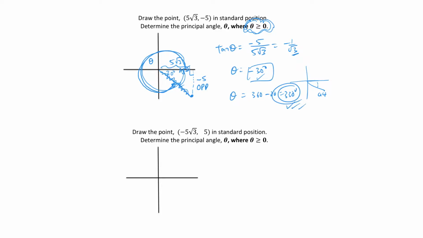Now, if you notice, we got two different answers, but they actually end up in the same quadrant. There's actually a name for these two angles: they look different, but they end up in the same quadrant, same terminal arm. These are called coterminal angles.